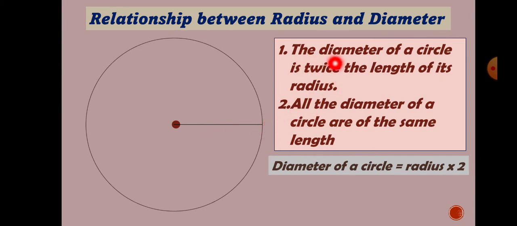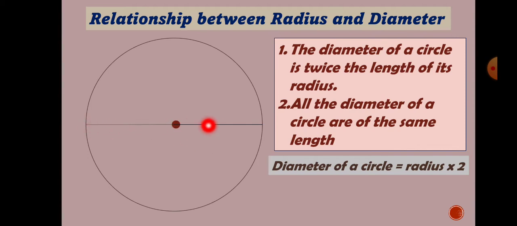But the diameter of the circle is twice the length of its radius, means double the length of its radius. From here till here it is a radius. If I complete this line like this, it will become the diameter of the circle, means from this point till here it was the half, and from this line till here it was the other half.